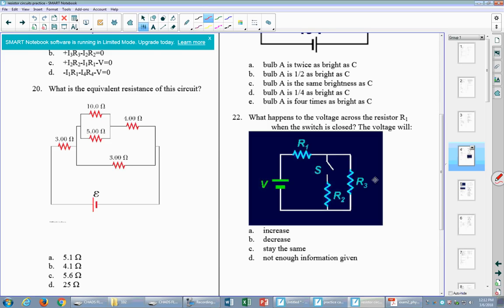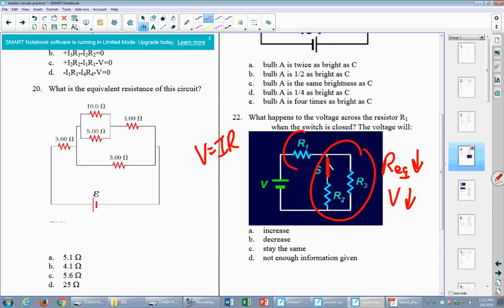So the important thing here is, what happens when this switch is closed? That means that I'm adding that resistor. And so the equivalent resistance of those two resistors is going to decrease, because when I add resistors in parallel, that causes the overall resistance to decrease. Because V equals IR, when the equivalent resistance decreases, so does the voltage.